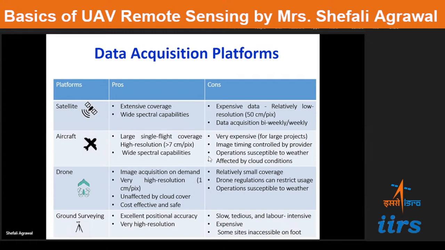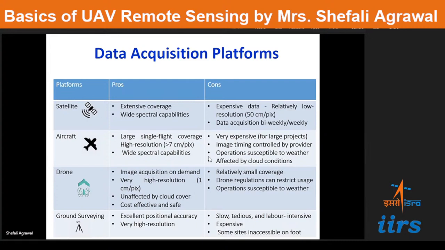If there are cloudy or bad weather conditions, then you need to rework or replan your flights. And since it's a manned mission, a pilot is required to fly these aircraft, so the cost of the data is much higher.